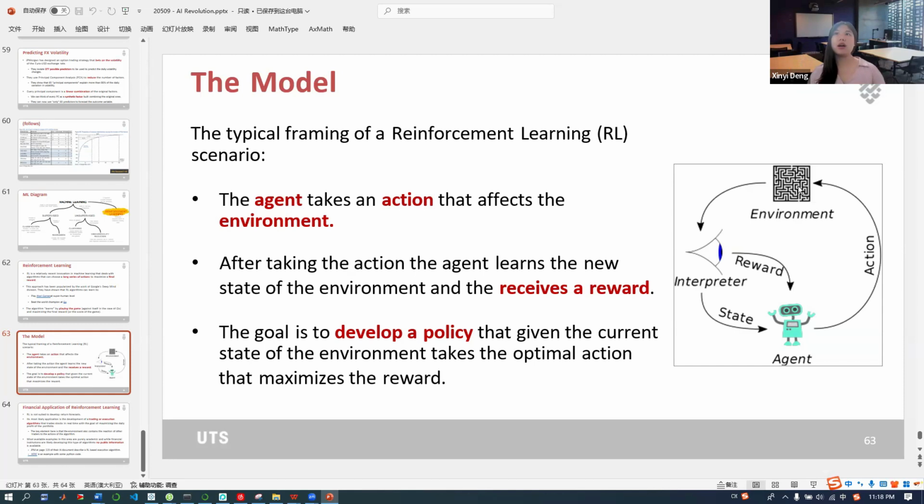For example, let's assume that the agent can go left, right, upward, or downward. So there are 4 actions.